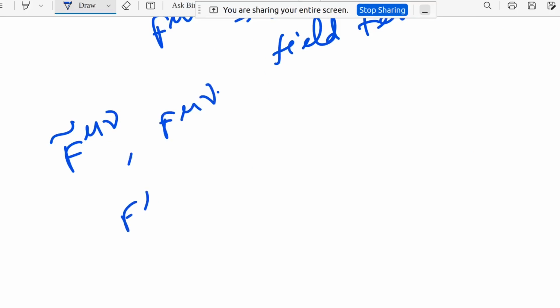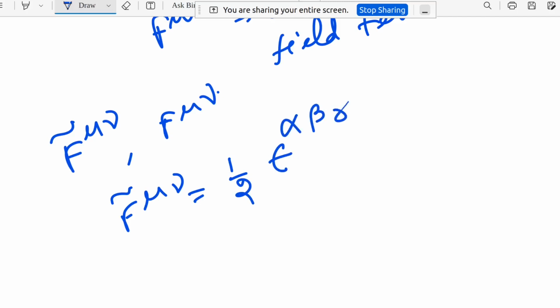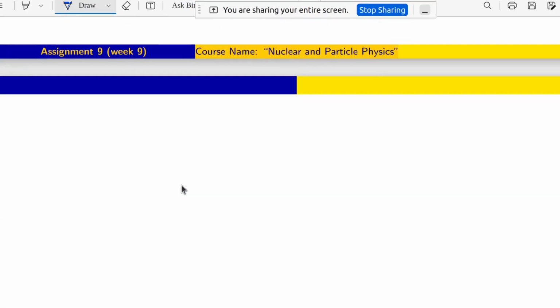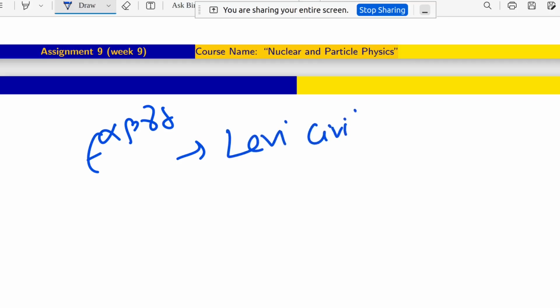F mu nu tilde is equal to half epsilon mu nu alpha beta F alpha beta. I will tell what this is basically. So you can see there is an expression between this one and this one, right? And what is epsilon alpha beta gamma delta? It is nothing but the Levi-Civita tensor. I think sir already told these things, the Levi-Civita symbol.